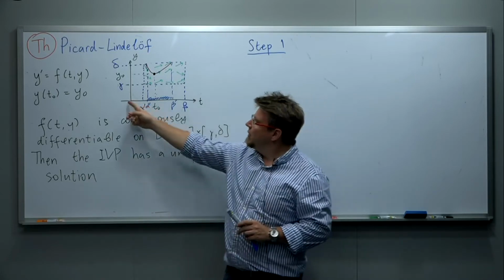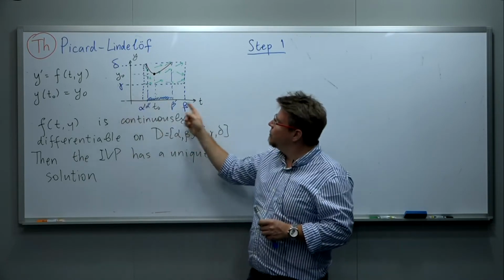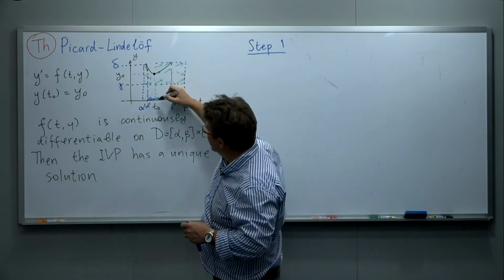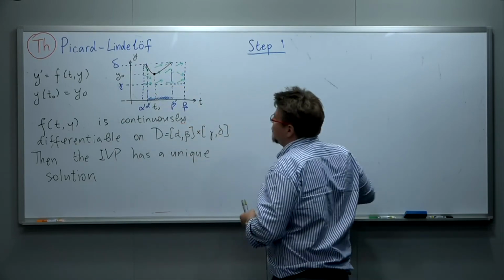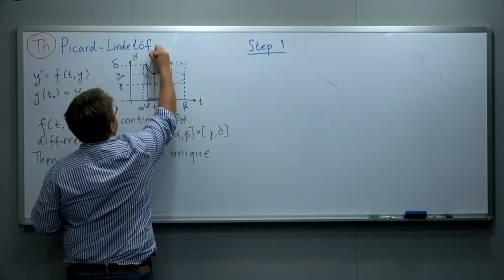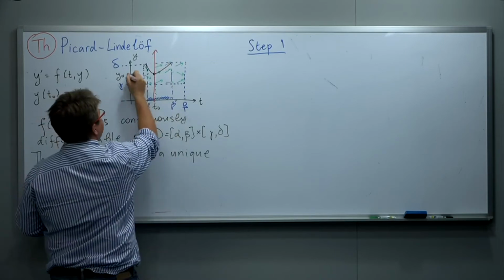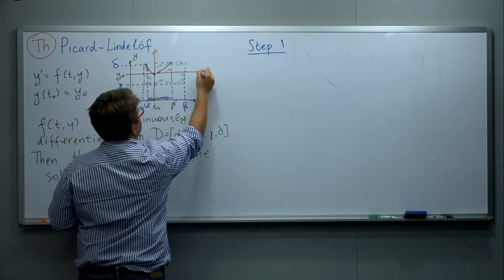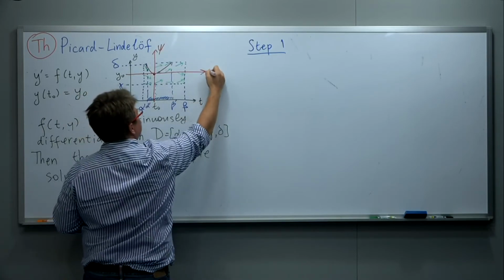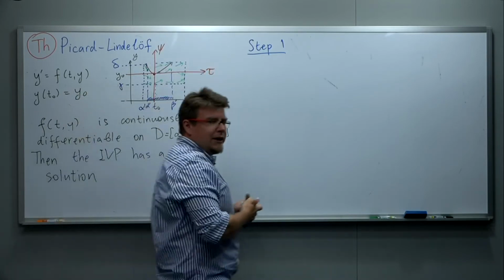So if initially we had this was the t-axis and this was the y-axis, then what we are going to do is we are just going to introduce new coordinate axis. So this is going to be the new y, and this is going to be the new t, and we are going to call this psi and this tau, just Greek letters.